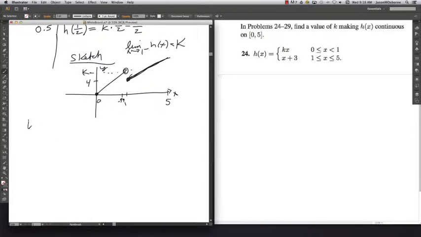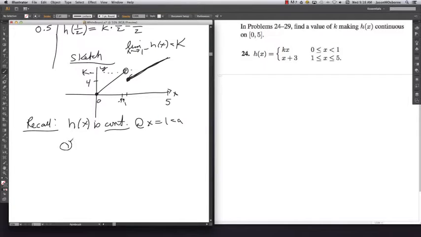So let's do a quick recall. A function h of x is continuous at, say, x is equal to 1. 1 is our a value.